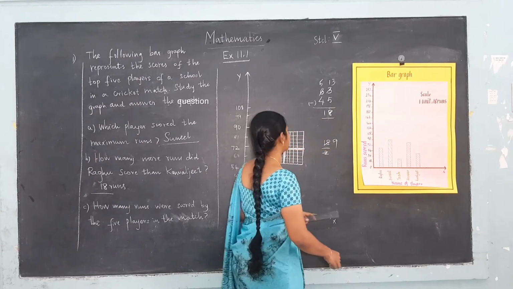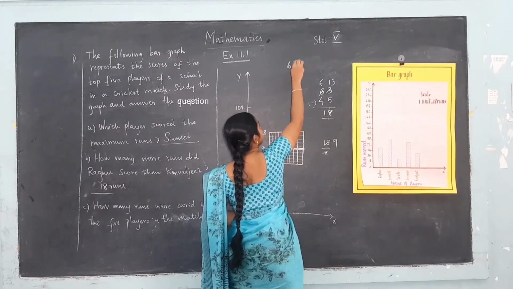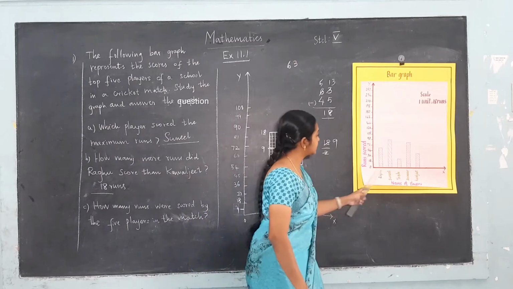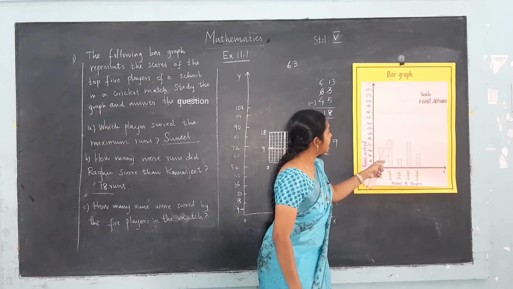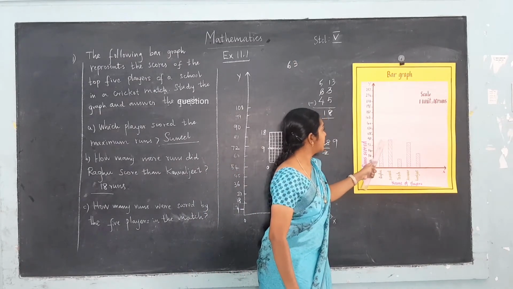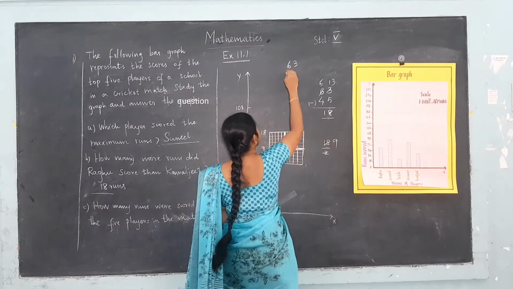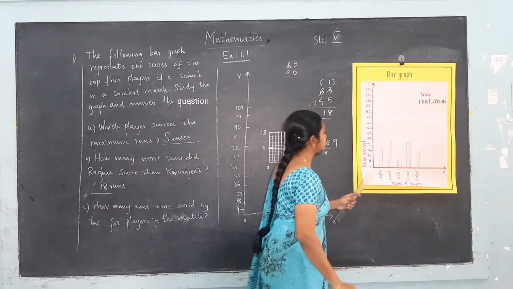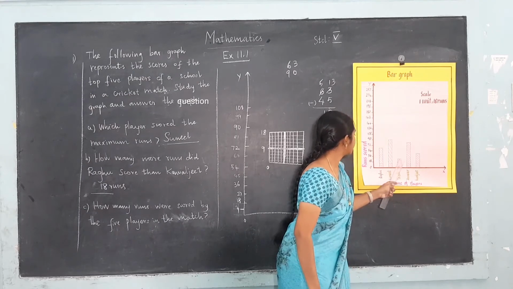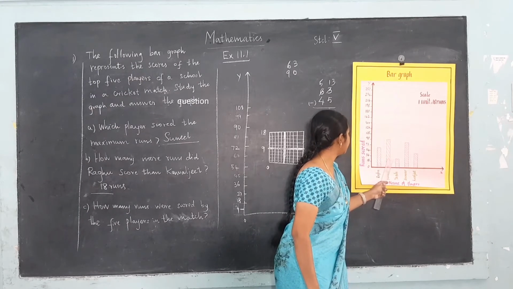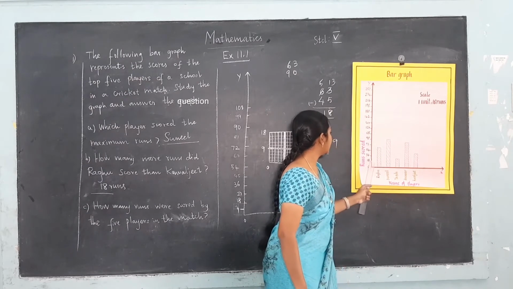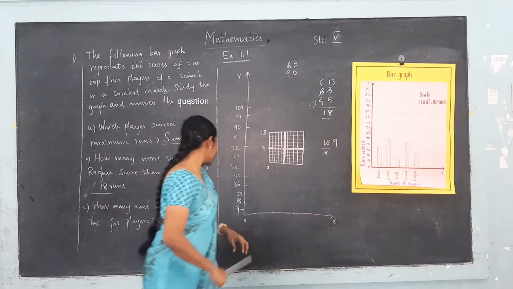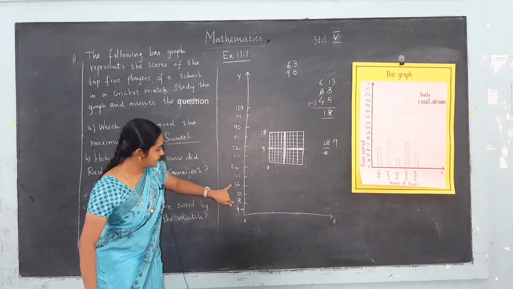We have already found that. Next, Sunil's score. Find where the bar is ending. The bar is ending at 90. Next, Yash. The bar is ending in between 18 and 36.